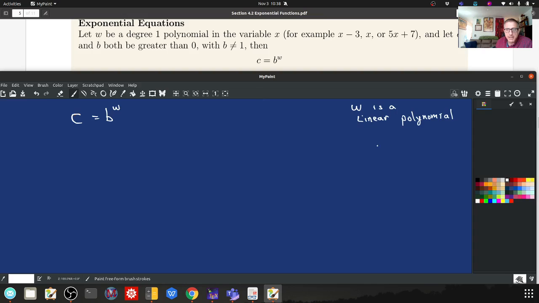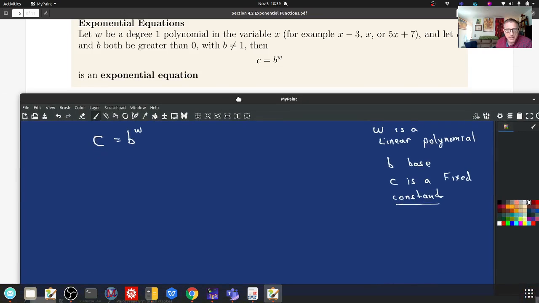C and b is the base, and c is a fixed constant. That's the reason it is c. Then c is equal to b to the w is an exponential equation that we want to solve. Notice c is a constant. It's a given constant.